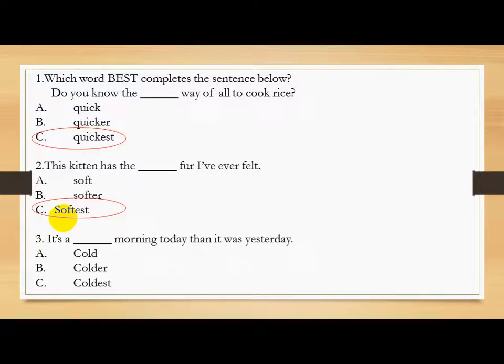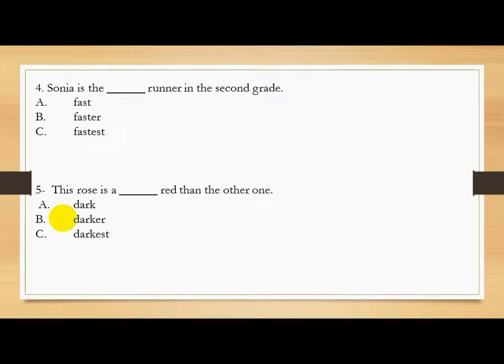It's a morning today than. When I find than, I'm comparing between only two, this morning and yesterday, so I should put the adjective and er, because here I find than. It's a colder morning today than it was yesterday. Number 4, Sonia is the, here when I find the, I should put est to the adjective.